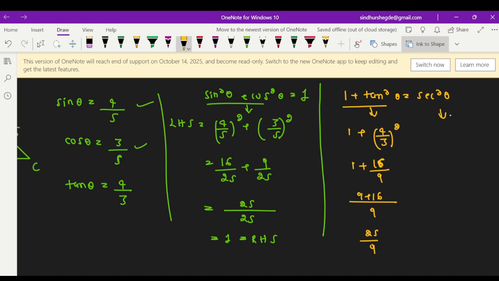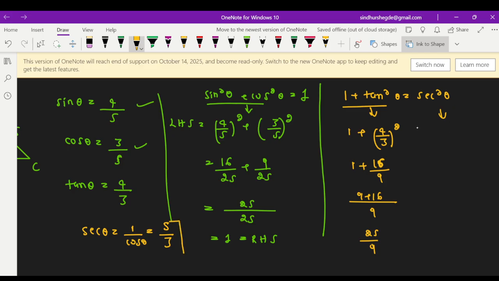Now let's verify the RHS. RHS is all about secant theta. Secant theta is the reciprocal of cos theta. So 1 by cos theta, where cos theta is 3 by 5. Simply reverse it: shift numerator to denominator and denominator to numerator.